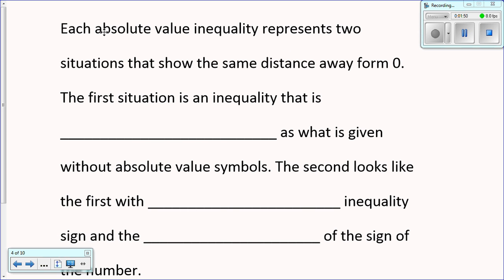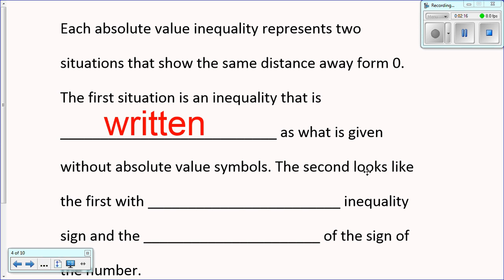Alright, this is the wordy part. Each absolute value inequality represents two situations that show the same distance away from 0. The first situation is an inequality that is written the same as what is given, without the absolute value. So if we had the absolute value of 2x is greater than 3, I'm going to write 2x is greater than 3. So just lose the absolute value symbols and write it the way it is.